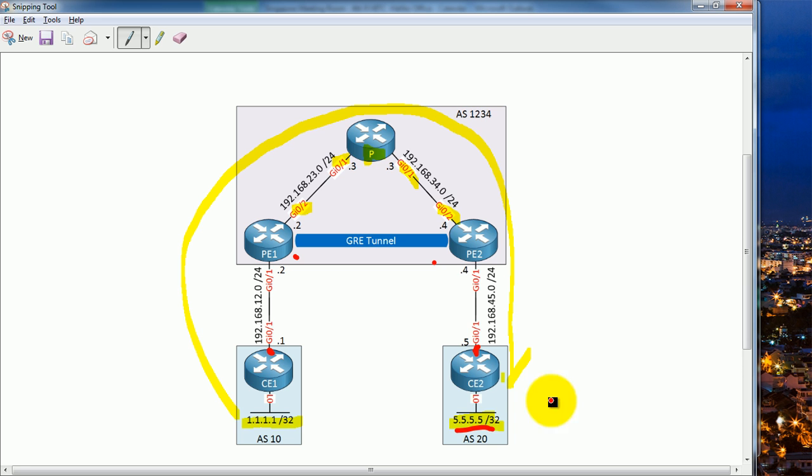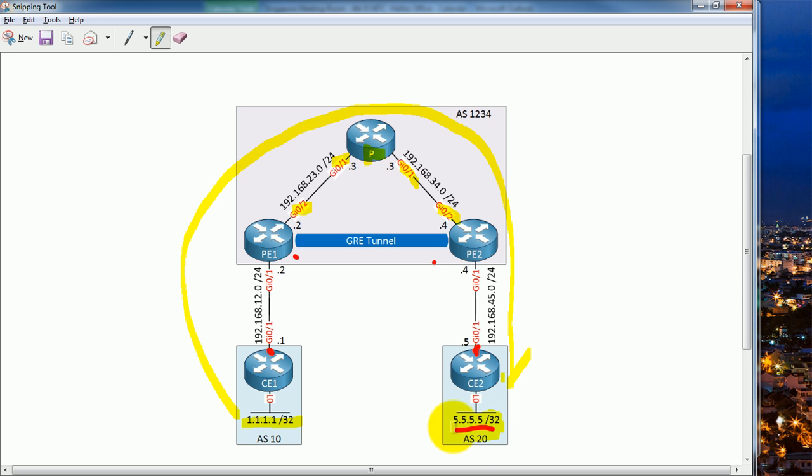However, since we enabled MPLS, we are now using labels for our forwarding. Let me explain how that works. On P1, we show the IP route for this network. What will it show?